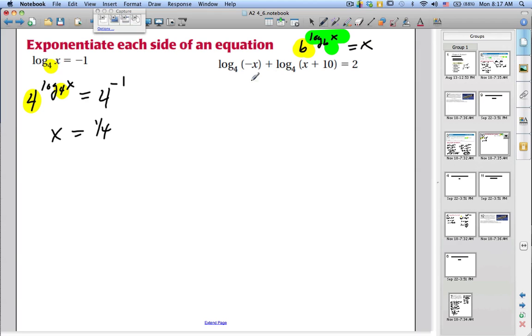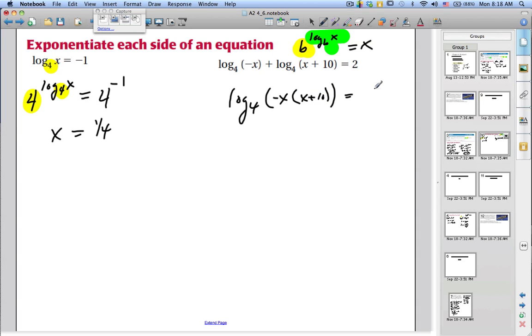So when you look at this particular problem, I can't really go right to this step without somehow combining these guys, but happily I do know that if I have logarithms that are being added together, I could condense this and make them a single logarithm where my items are being multiplied, negative x times x plus 10. Right?